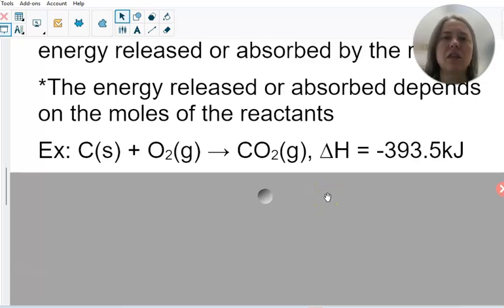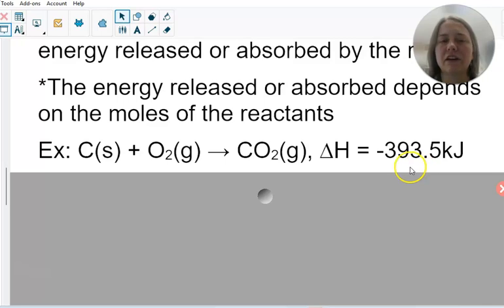So please write down this example. Solid carbon reacts with oxygen gas to form carbon dioxide gas, and there's a change in enthalpy of negative 393.5 kilojoules. Is this reaction endothermic or exothermic? It is exothermic. It has a negative change in enthalpy.